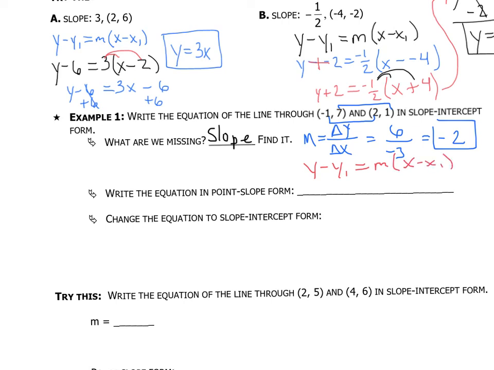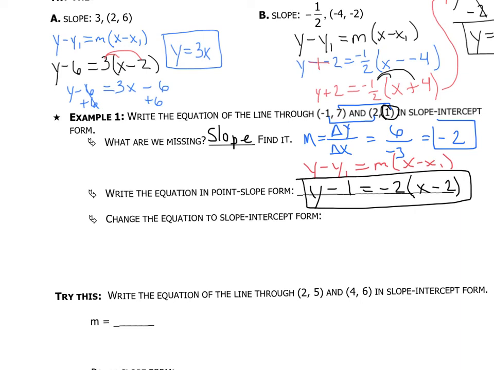So I'm going to now write this in there. y minus my y, which is 1, equals the slope, negative 2, parenthesis, x minus x1, which is 2. And that's my answer.